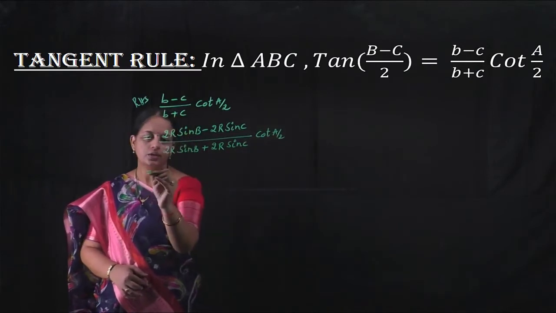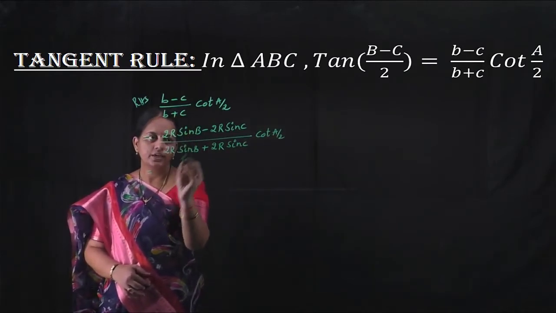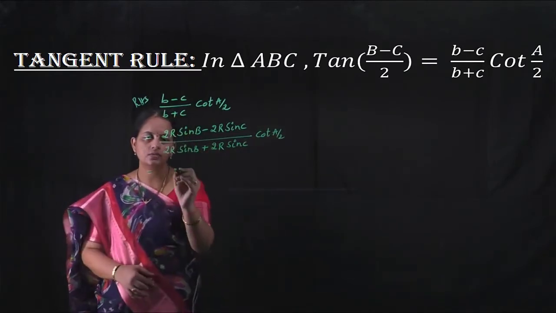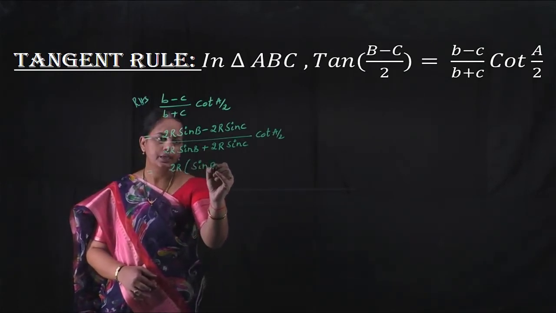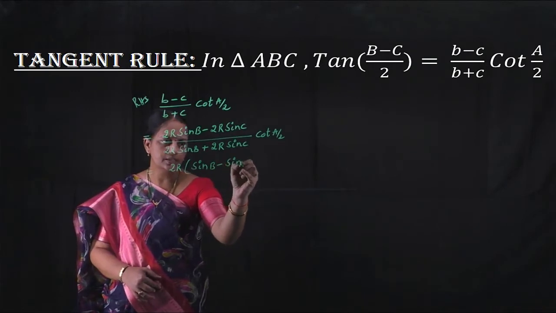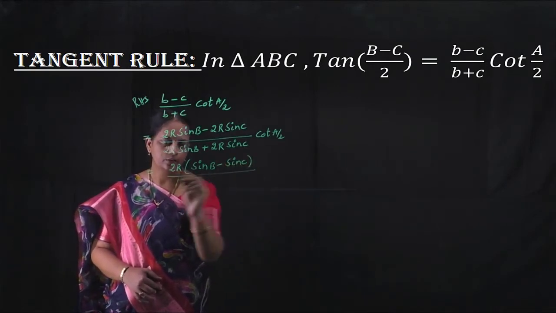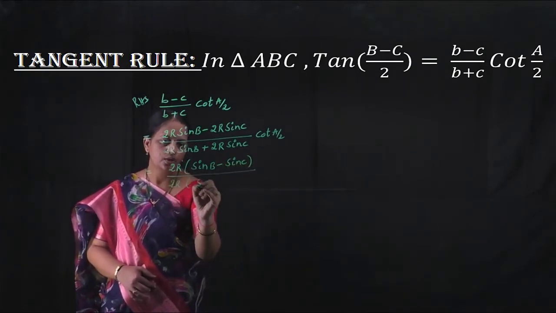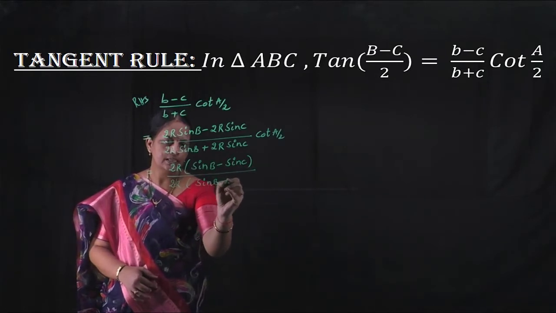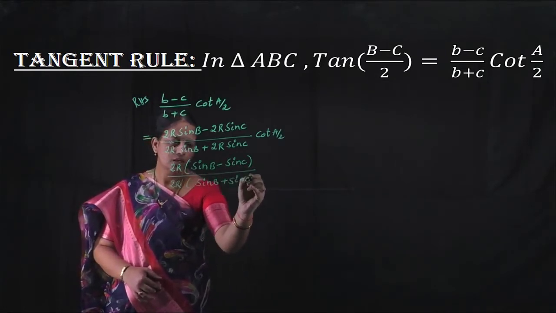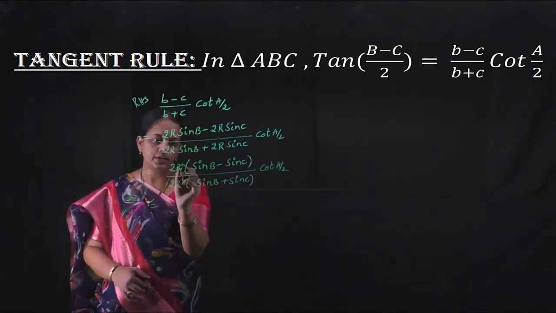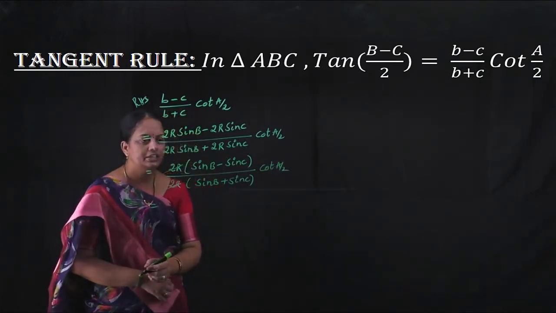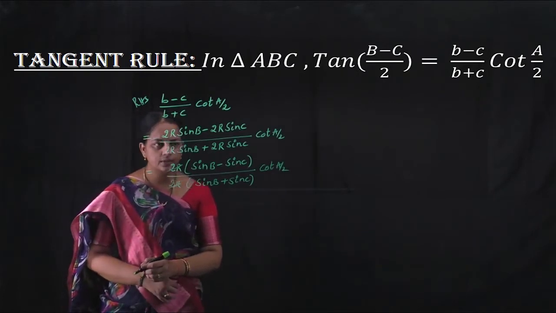Taking 2R as common in both numerator and denominator, we get 2R into (sin B minus sin C) by 2R into (sin B plus sin C) into cot A by 2. Here 2R gets cancelled, and in the numerator we have sin B minus sin C.